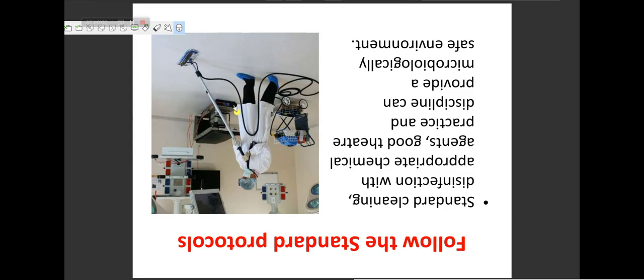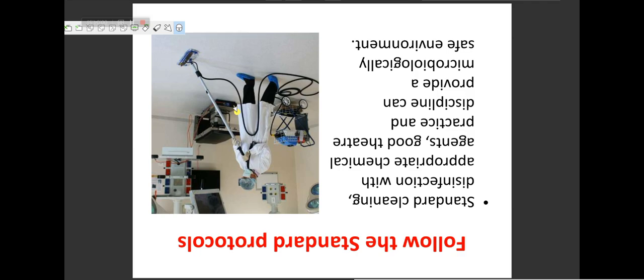Now follow the standard protocols. The ones working in the operation theater will have to follow the protocols, which contain standard cleaning and disinfection with appropriate chemical agents, and good theater practice and discipline can provide a microbiologically safe environment.